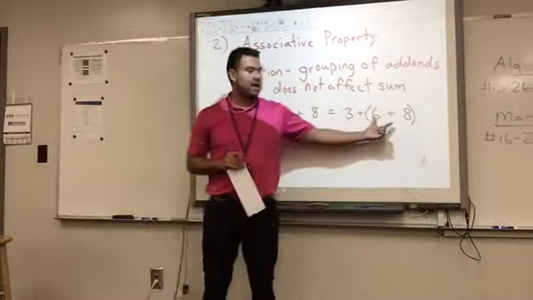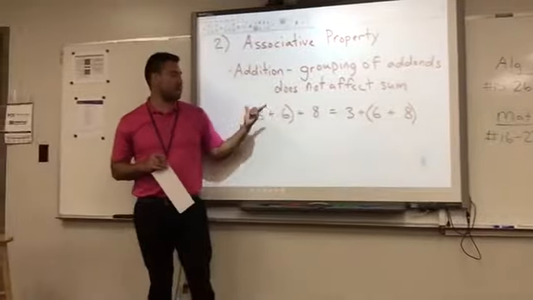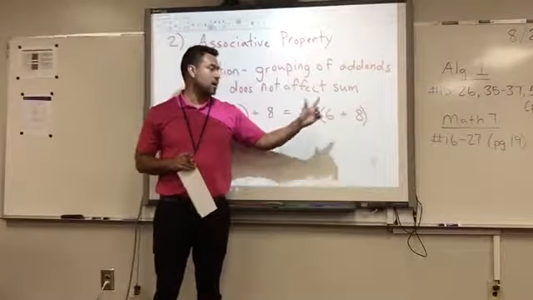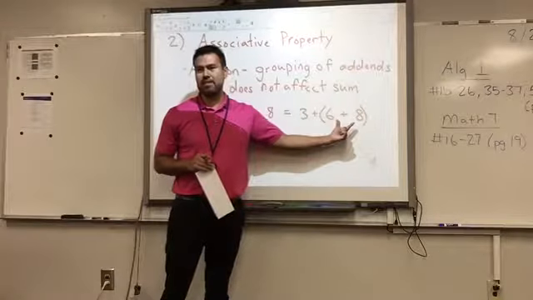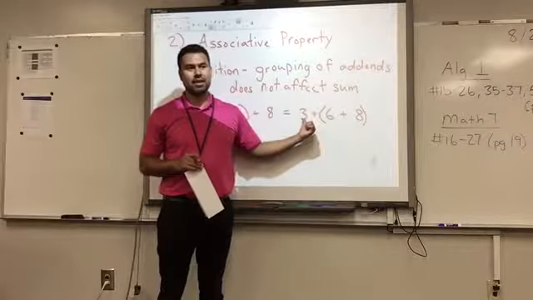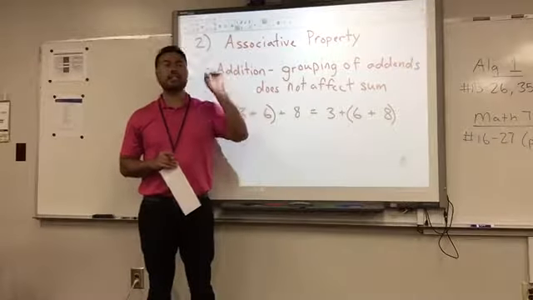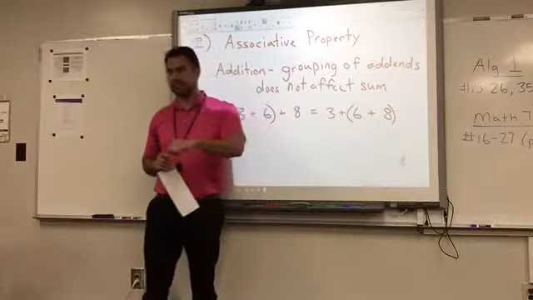Okay, so look here, guys. You see how the groupings changed? I grouped these two together on the left side, and I grouped these together on the right side. Now, here, order of operations, what's 6 plus 8? 14. 14 plus 3? 17. So do we get the same number? Yes. Same sum? Did my grouping change the sum?